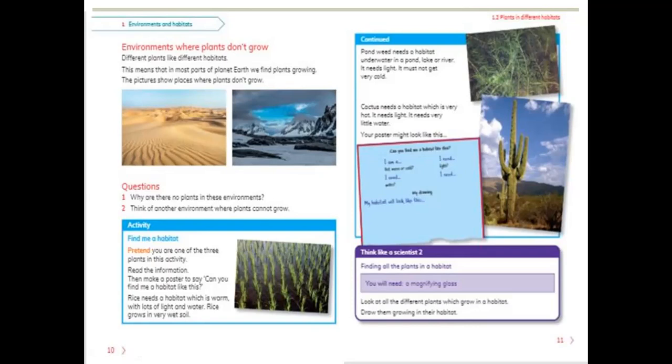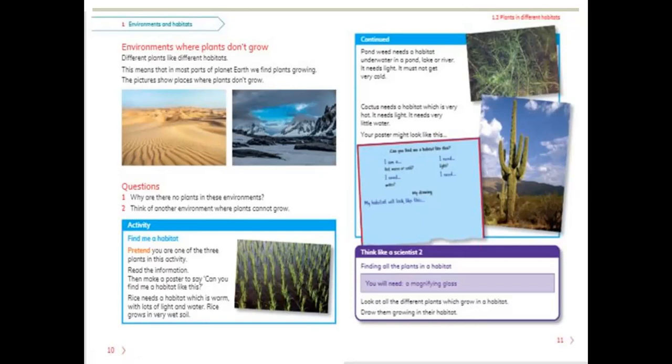They need a moderate temperature with proper sunlight and proper water and soil to grow. So here it is very hot, and in the other it is very cold. So plants cannot grow in the icy place and where there is severe hot or dry place.